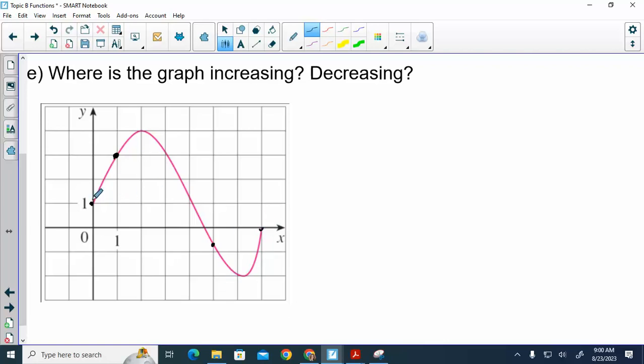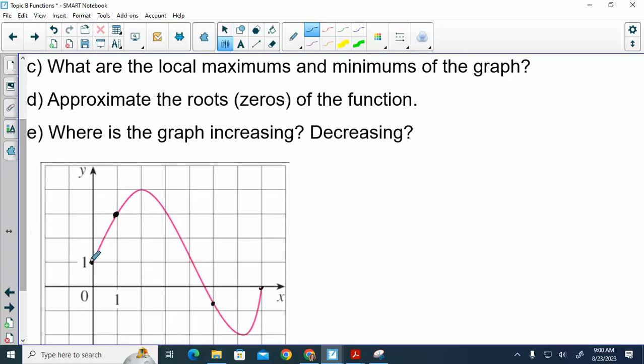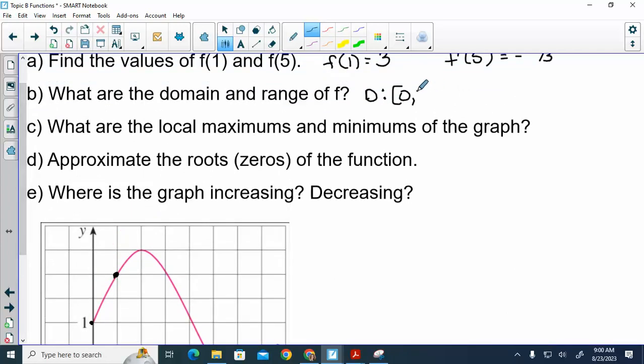So it starts when my x is 0. What do we put, parenthesis or bracket? Bracket. Remember, bracket means equal to, parenthesis, not equal to. And then it goes until we get to x equals 7. That would also have a bracket. Range is referring to the y value, so that's bottom to top.